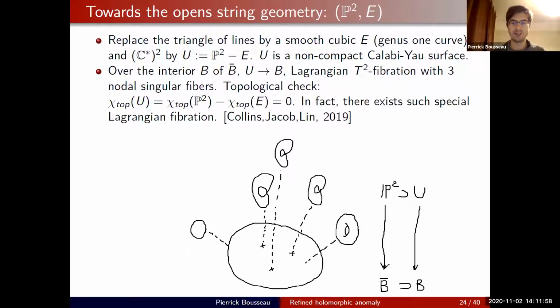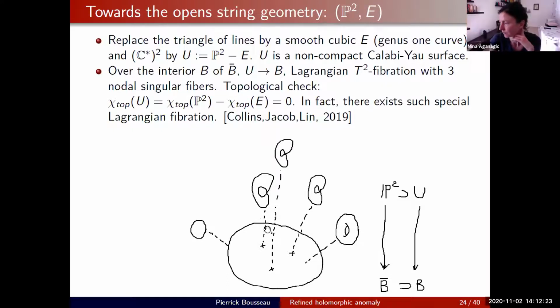So probably there's a mirror of local P2. You can think about the family of curves. Well, this family is, whatever, the superpotential mirror of P2, and the fibers of this map are genus 1 curves minus 3 points.